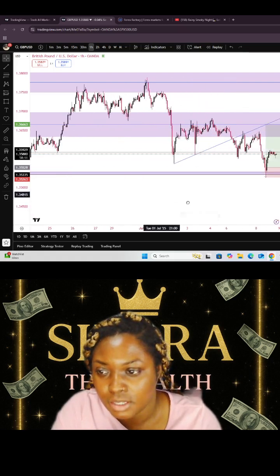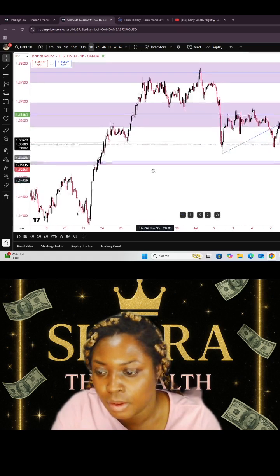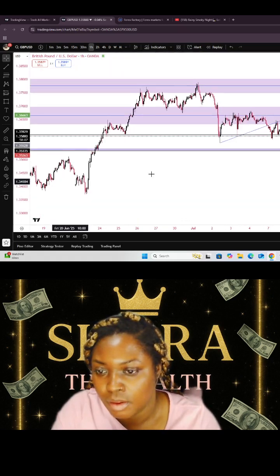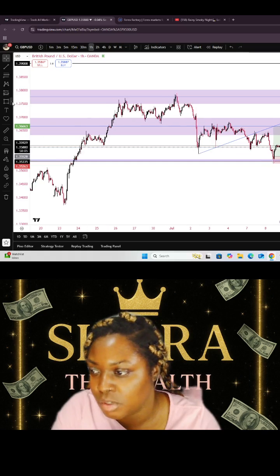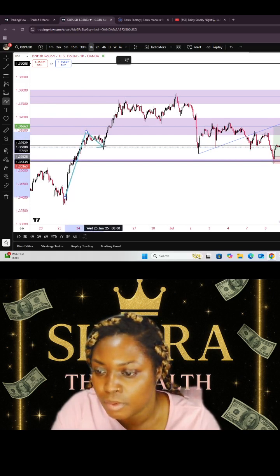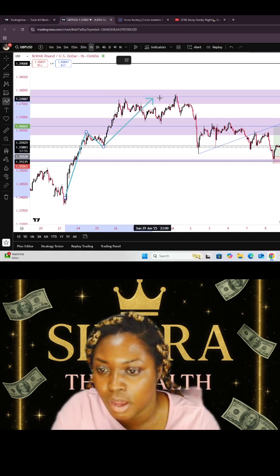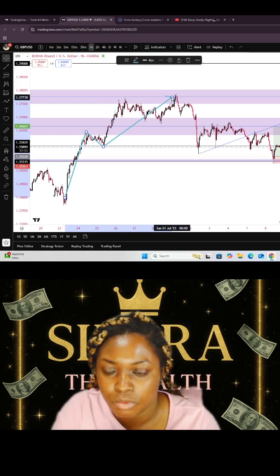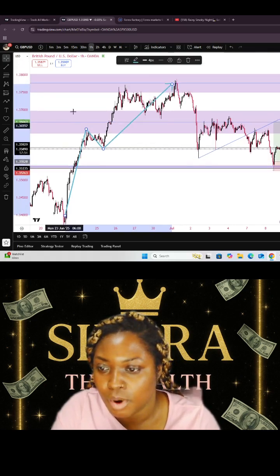All right. So price did an impulsive buy, right? Made a higher low, then pushed all the way up to this zone. Okay. Price came to the zone.